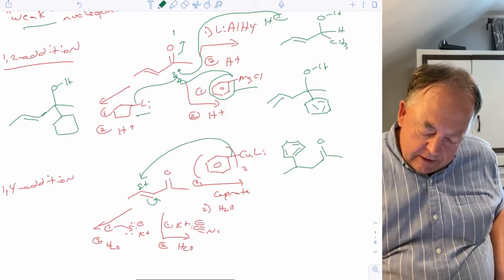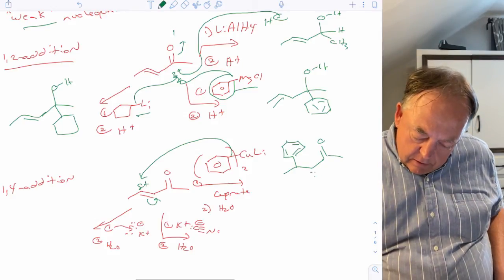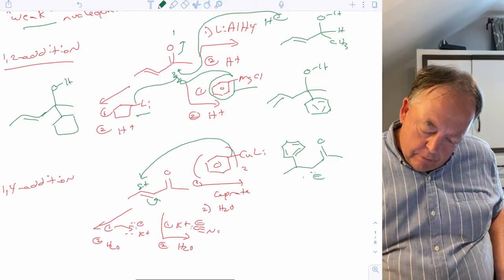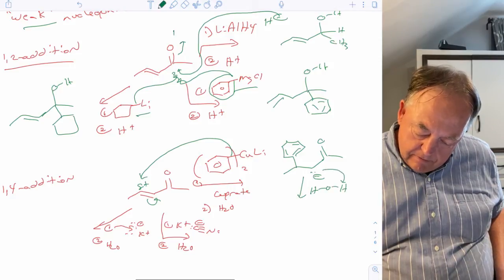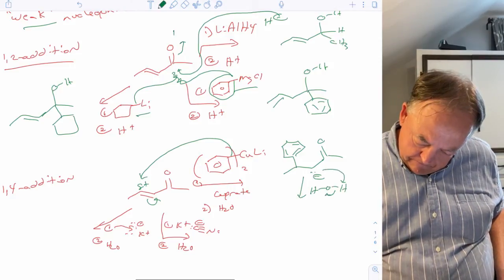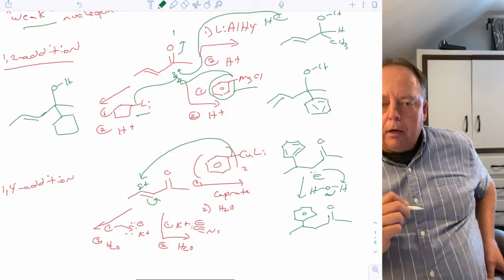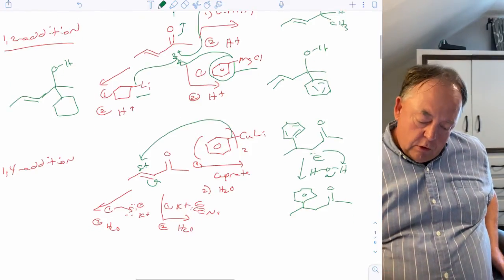It's the C=C that reacts instead. Then that carbon with the lone pair would pick up a proton in the workup step. So that would be your product, what's called a 1,4 addition.